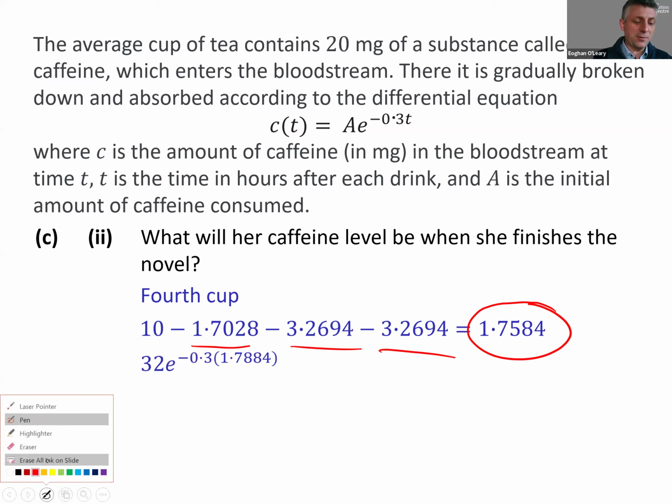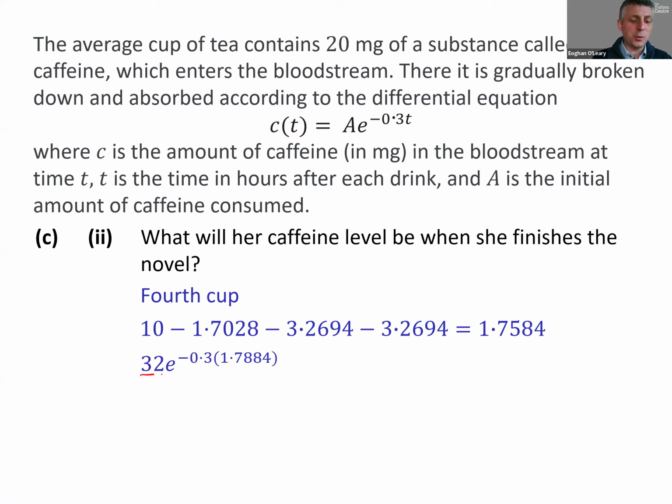At the start of this time period, she would have 32 milligrams because after drinking her fourth cup, she'd be topped up to 32 milligrams. The time that she is reading the novel and running down her caffeine is 1.7584. Okay.